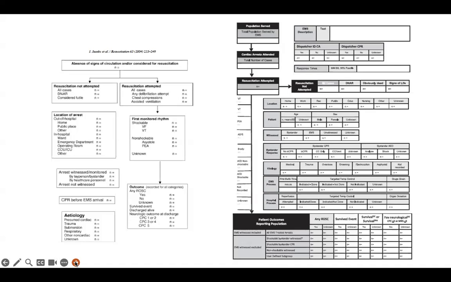But one of the two key reasons is that the templates for that flowchart weren't readily available. And of course, it was a very in-depth detail of cardiac arrest characteristics and outcomes across that figure. And we think that made it somewhat difficult for people to adopt and embed in their publications when they're providing Utstein outcome style reports.